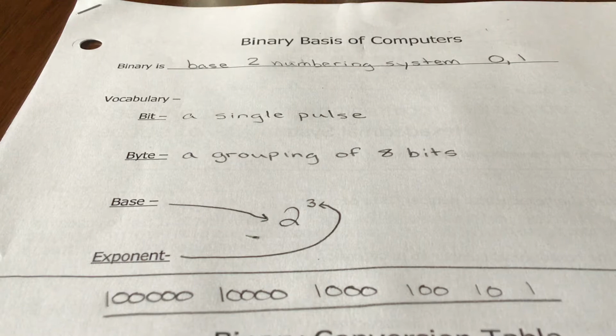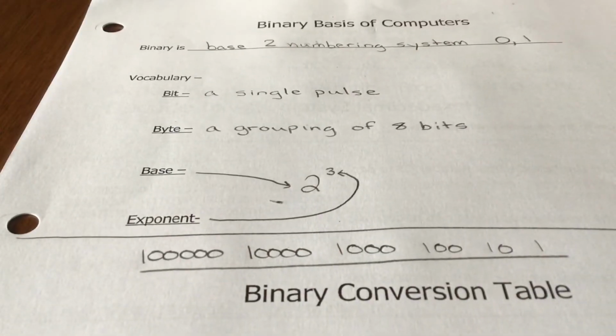Inside of the base 2 or the binary system, there's a few definitions you need to know. One thing is called a bit, and it is just a single pulse, like a 0 or a 1. A byte is a grouping of 8 bits, so it would be 8 zeros or 1s put together in different combinations.